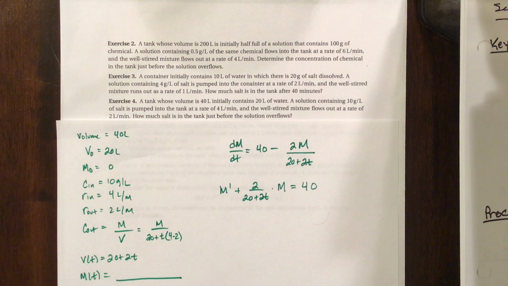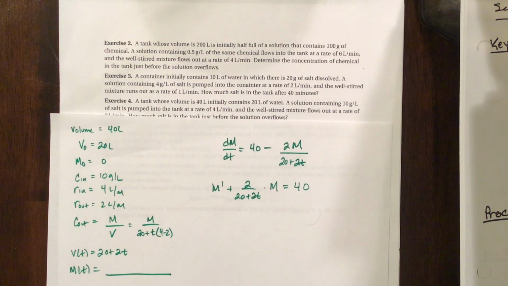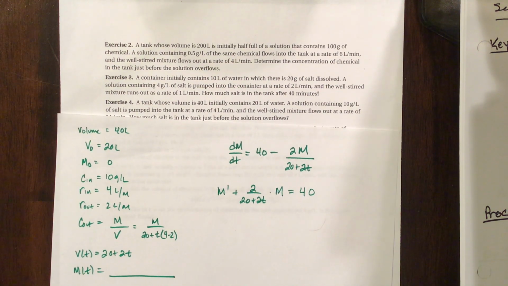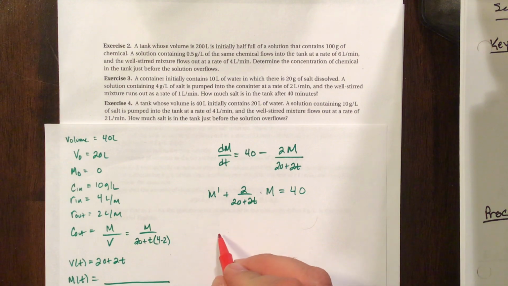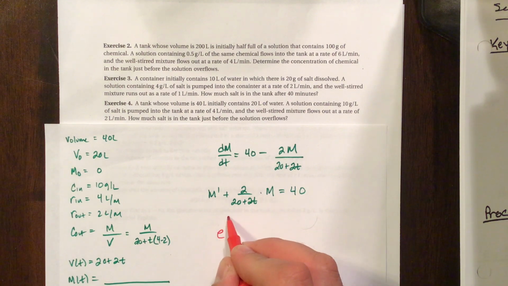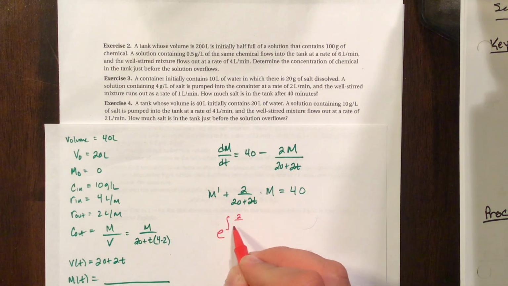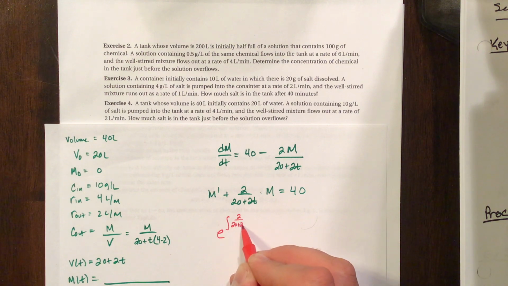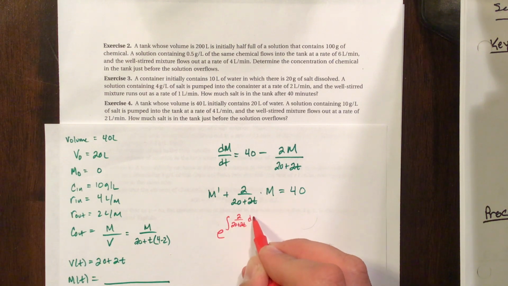So what we have to do to find the integrating factor is e to the integral of 2 over 20 plus 2t dt.